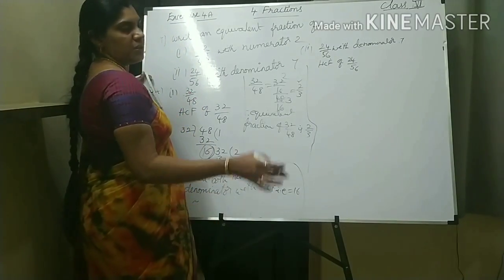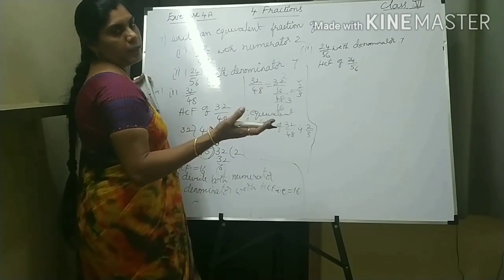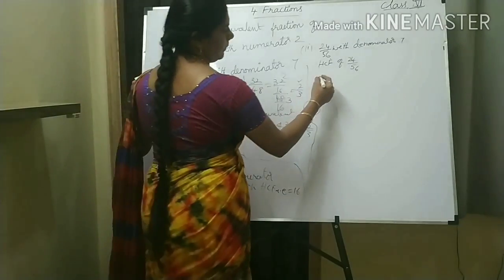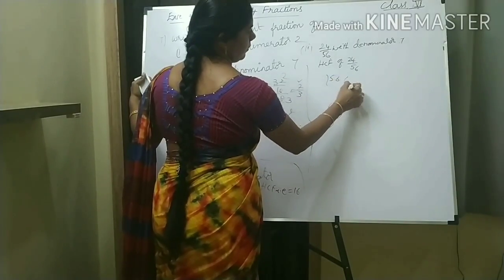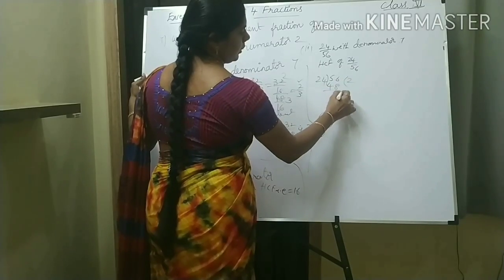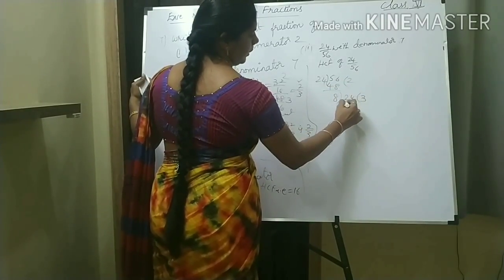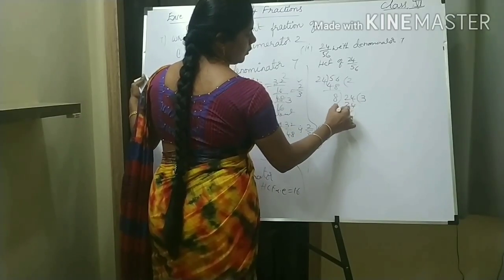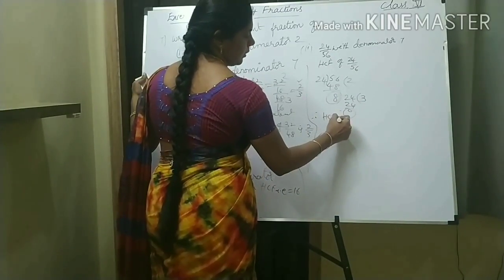Understood? Now see the second one. A simple thing. First we have to do HCF. After that divide the given fraction with the HCF. So 24 by 56. With this 24 2 times 48, you get here 8. Again with this 8, to 24 you are getting 3 times 24, 0. So this is your HCF. Therefore HCF is equal to 8.